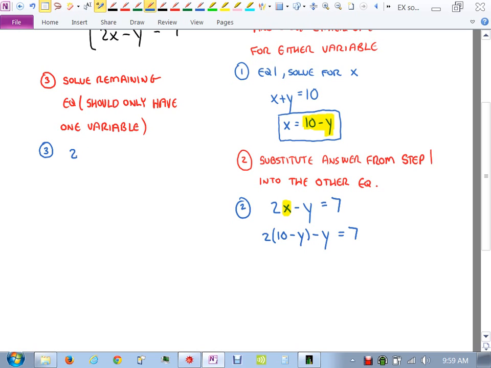I'm going to take the 2(10 minus y) equals 7. I'm going to distribute through the 2. Gives me 20 minus 2y minus y equals 27.